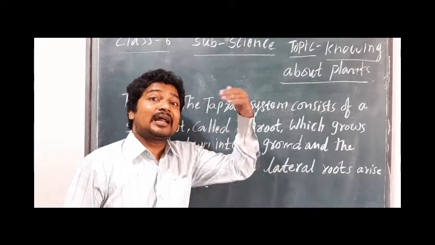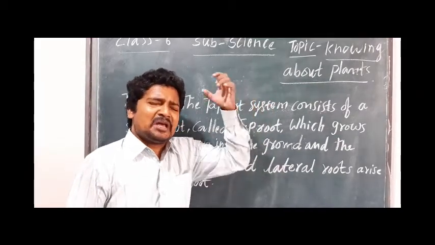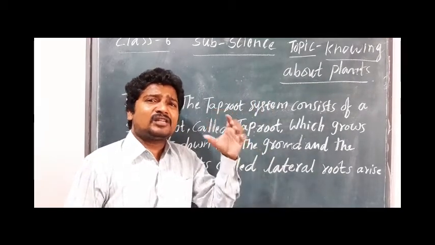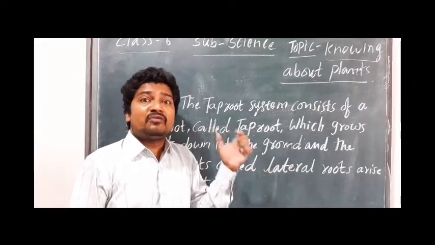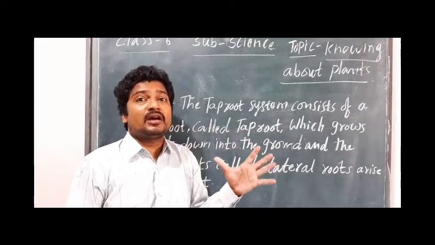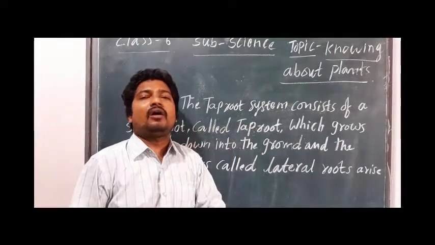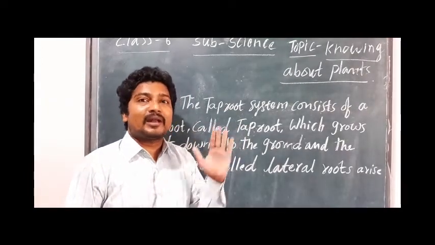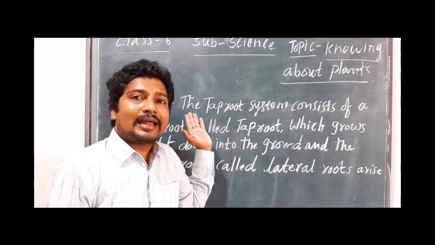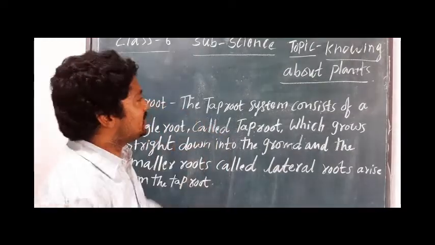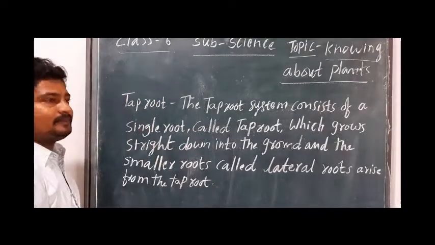Which plants have the tap root system? Those plants are very strong. Even in heavy winds, they become flexible, but they will not fall. So very strong plants have the tap root system. Let's see what a tap root system is.